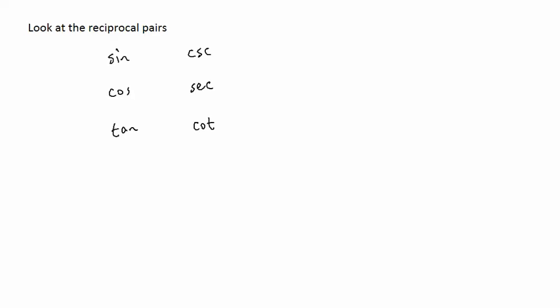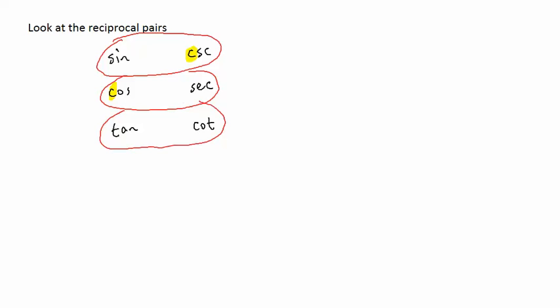Now, what I want you to notice is, if you look at each of these pairs, like sine and cosecant, notice that this pair has a co. Sine does not have a co, but cosecant is a co-function. Look at this pair. Cosine has a co. Secant does not. Okay? Cosine is a co-function.